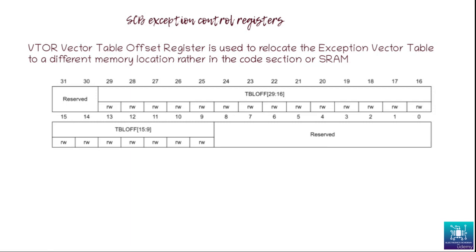But if you want to relocate the exception vector table somewhere else, then you can use this particular register to have that address entered here in this field from 9 to 29, and of course it has to be aligned to the size of the table. Lowest is 128 bytes, and you can move your exception vector table to a different location in the memory.